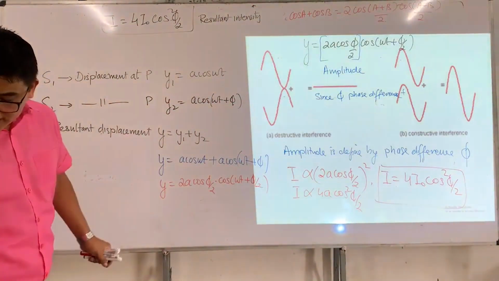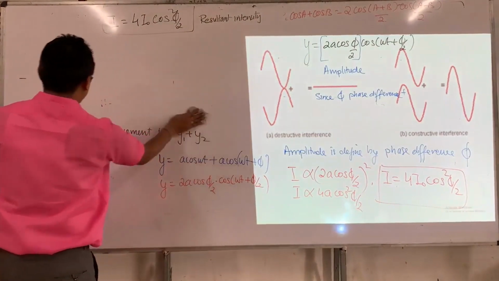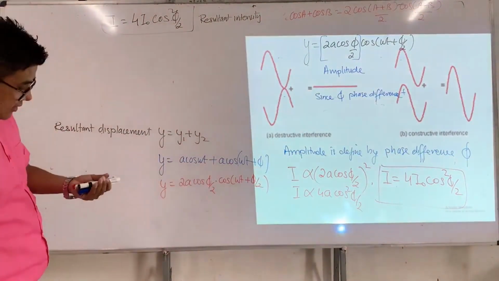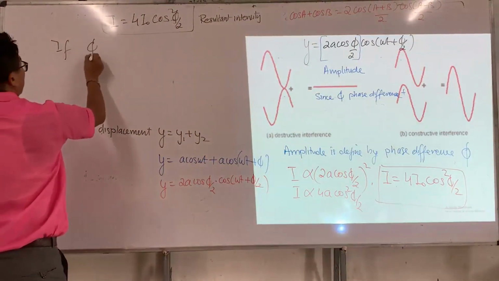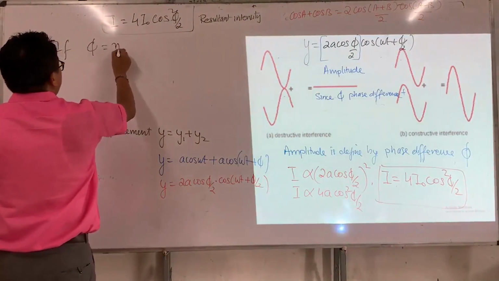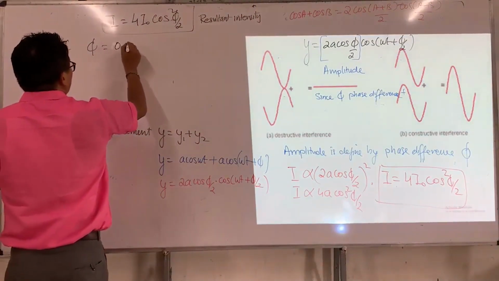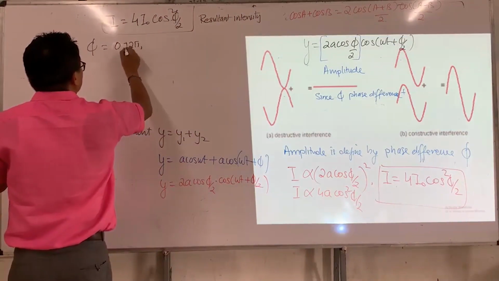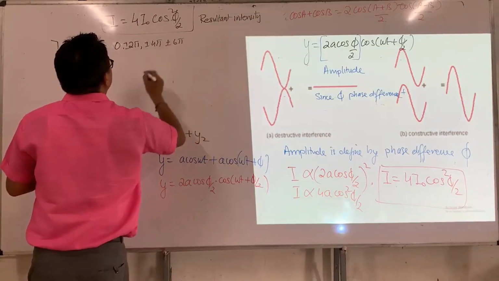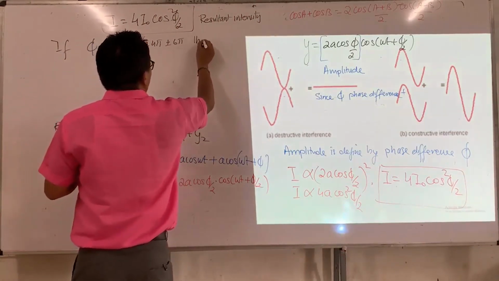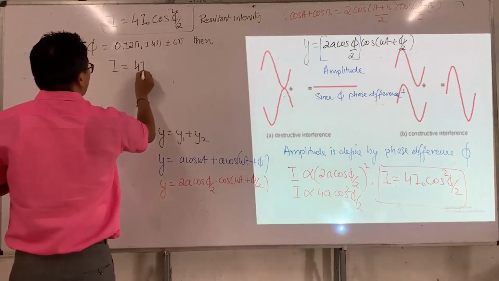Alright, now if it is a resultant intensity, then I am going to put in a phase difference. If phi is equal to, let's say, 0, 2 pi, 4 pi, 6 pi, then very important, I is going to be 4 I naught.